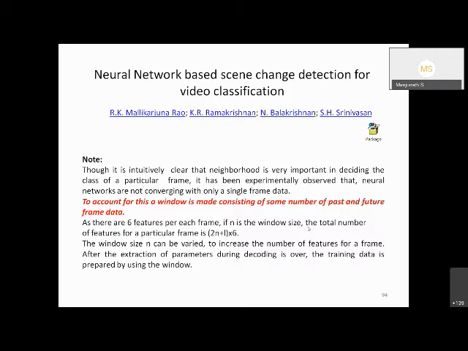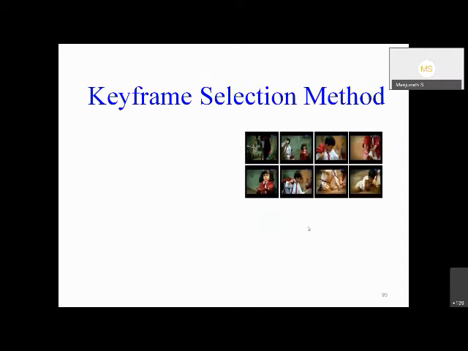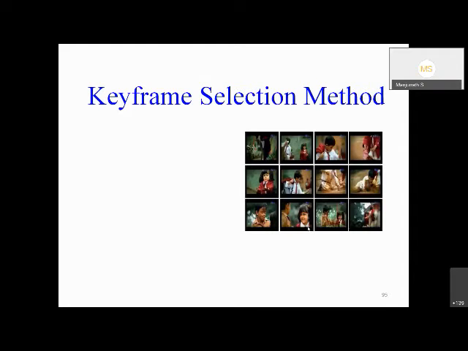Okay, the next one is the keyframe selection approach. Another way of doing video analytics is to extract the keyframes instead of working on the shot. If we have a video, it is made up of several frames with repetitive frames. In that case, we need to identify a frame which represents a set of frames.